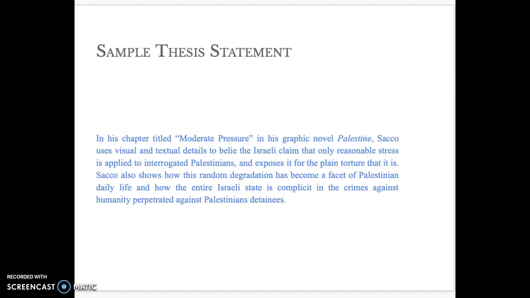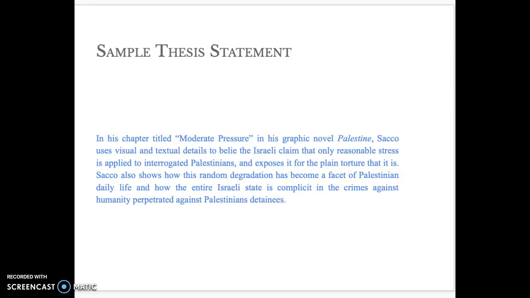This is a sample thesis statement that was written collectively in a workshop that followed a class reading on the chapter Moderate Pressure, that's the title of the chapter, from a graphic novel titled Palestine, written by Joe Sacco, right?